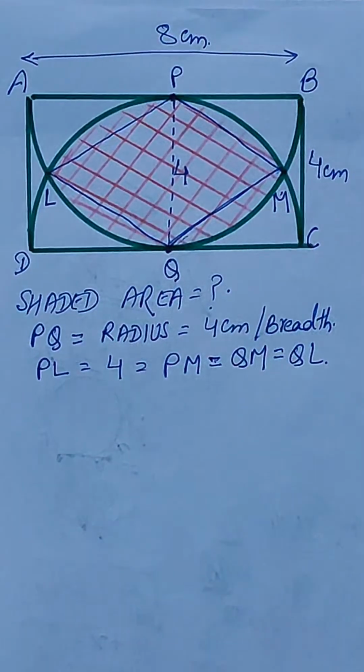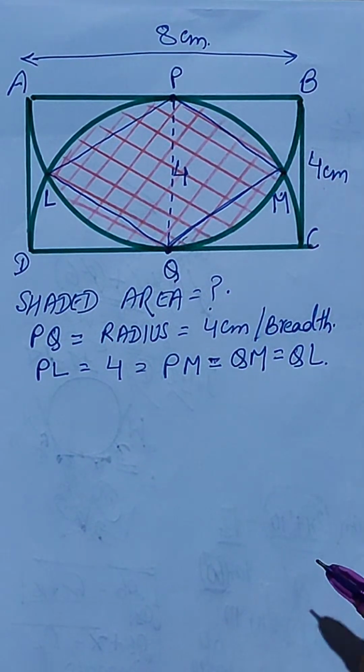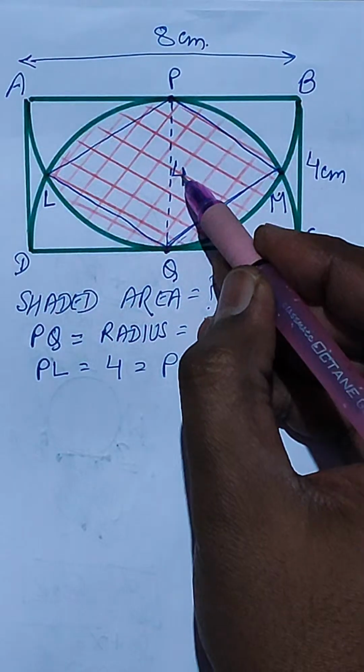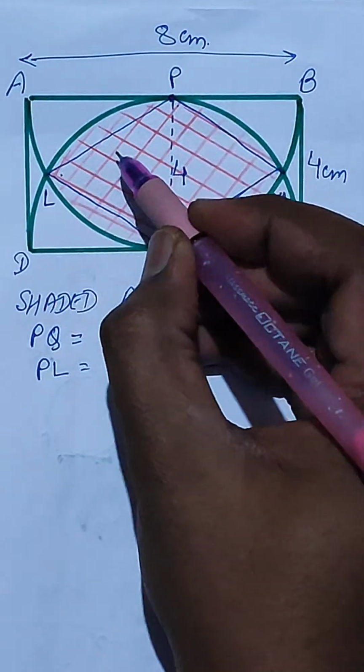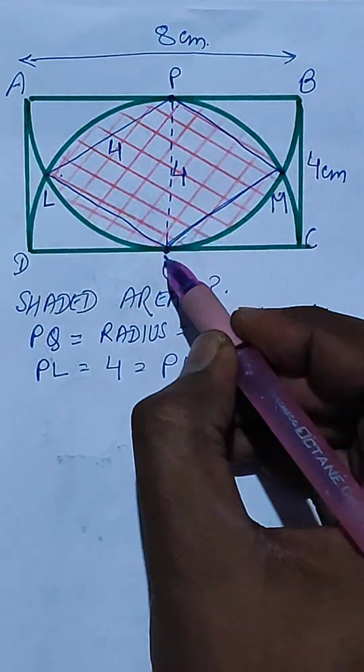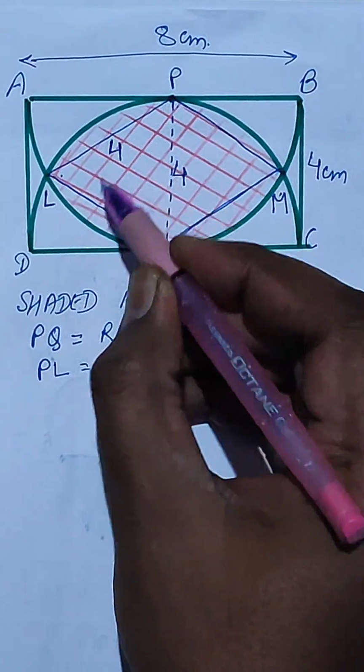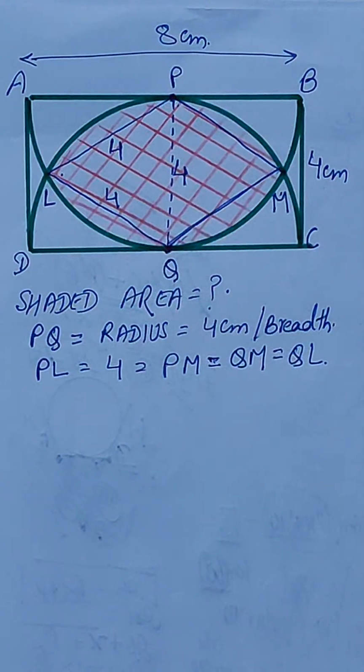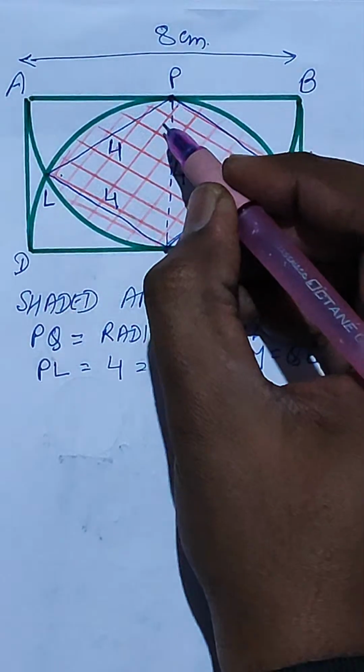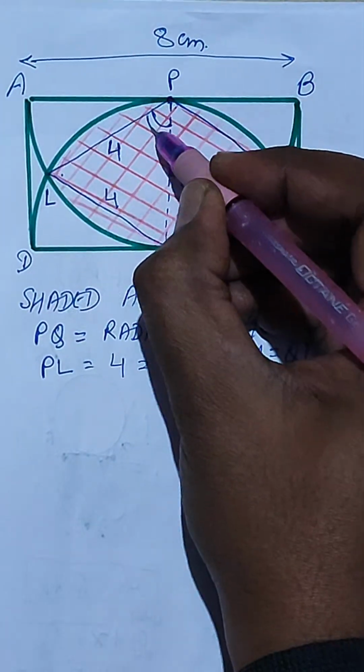Now to find the sector area, we can see that if this is 4, then definitely PL is 4, and QL is 4. Isn't it an equilateral triangle? If this is an equilateral triangle, this angle will be equal to how much?